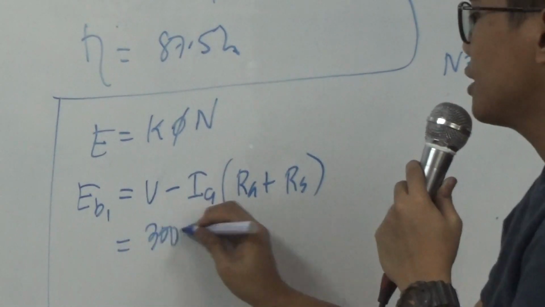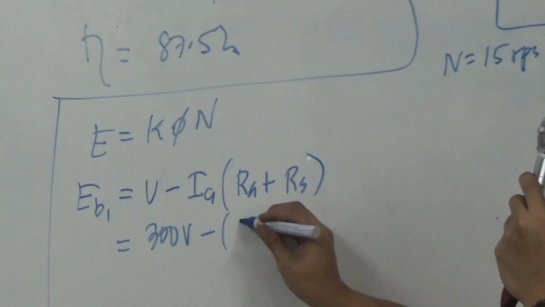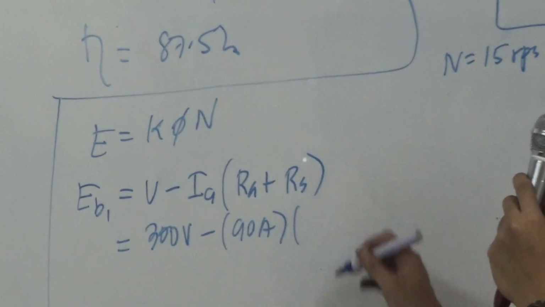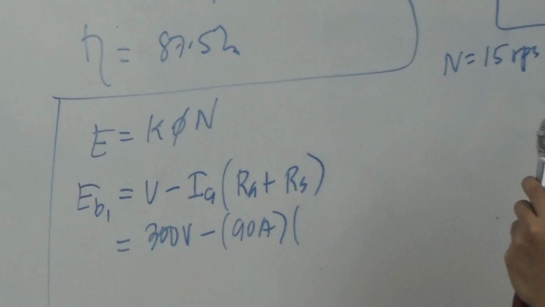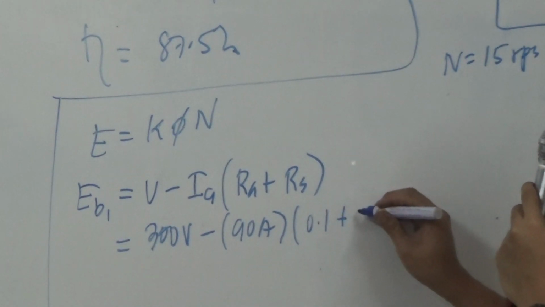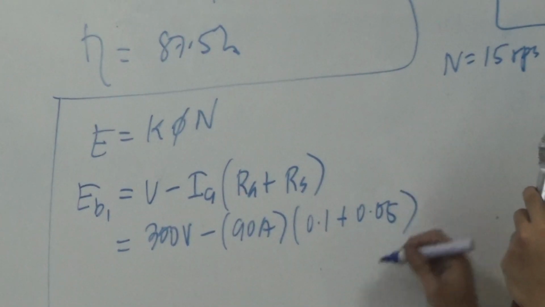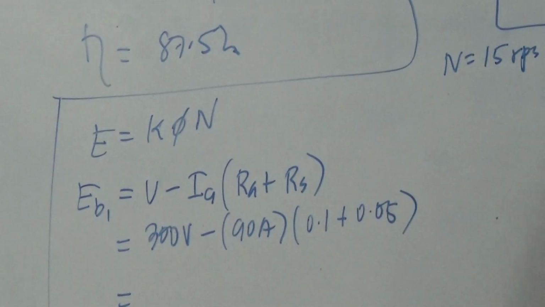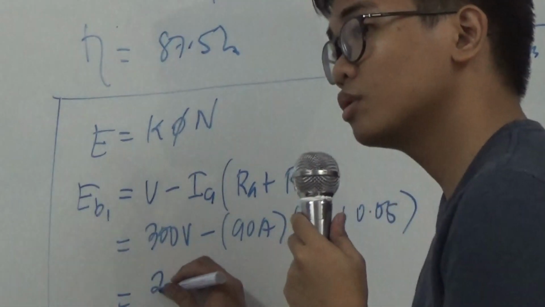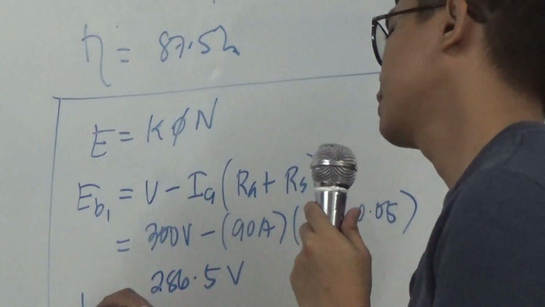So 300 volts minus IA natin na 90 amperes multiplied by RA plus RS, 0.1 plus 50 milliohm is 0.05 ohms. So ilan yung EB1? 286.5 volts.